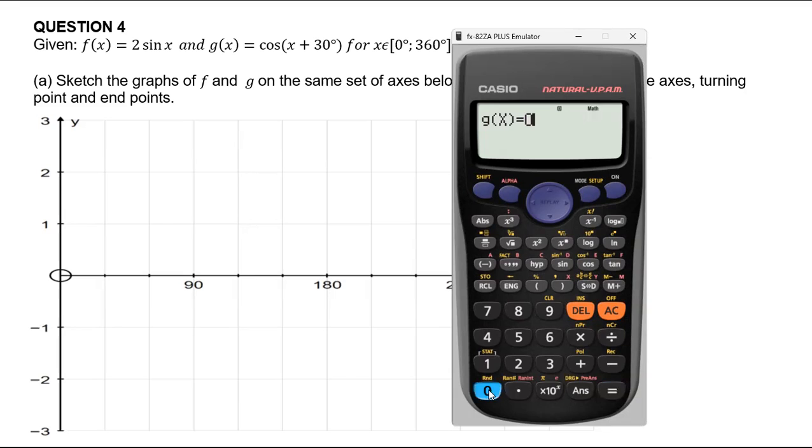G of x, for now, I won't do them at the same time, I'll do them separately. The starting point, as I've said, you will take whatever the angle is there and equate it to 0. So I took x and equated to 0. That means I'm starting from 0. But obviously, according to the limit that you were given there, either way, you have to start at 0.